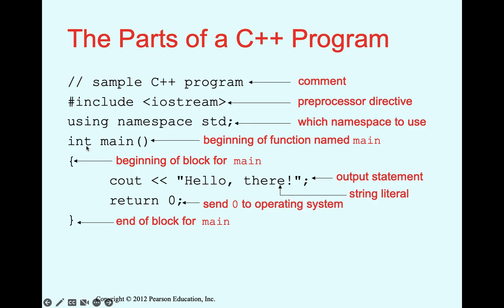After that, we write the main function. So how to write the main function? You write int space main and parentheses, and you write the start of the main. It has to be braces, this type of bracket, and you close it. And between these is the main function.